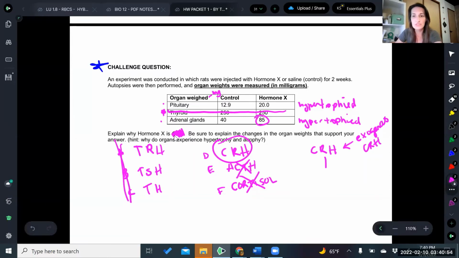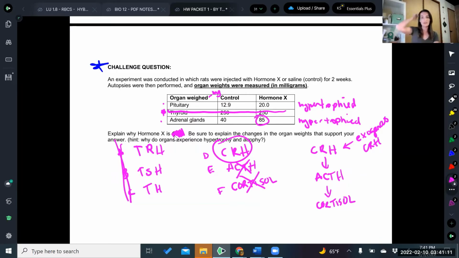And we should see the same pattern if we think of the actual axis that we're affecting now. So we have ACTH that then affects the release of cortisol. If we're injecting that exogenous CRH, then we are going to see high levels of CRH in circulation. We would measure high levels in circulation.